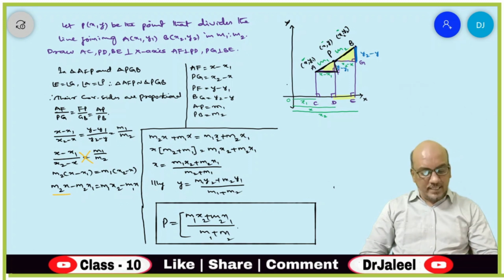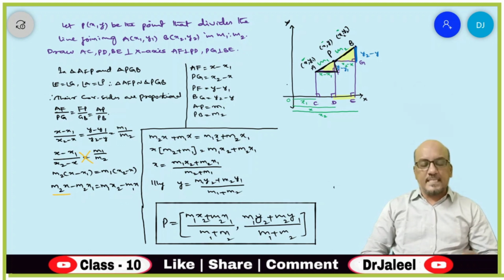Same way for the y coordinate also. m y plus m y by m plus m, and then go on writing 1 2, 2 1, 1 2. So this is how we derive the section formula in coordinate geometry.